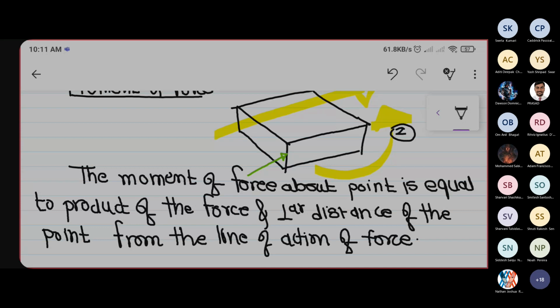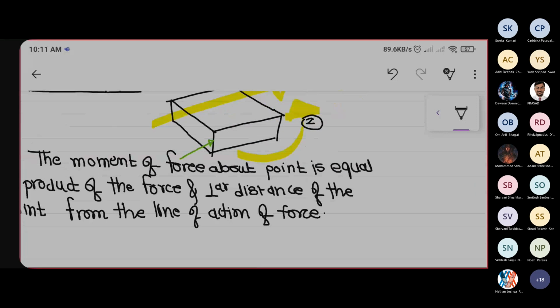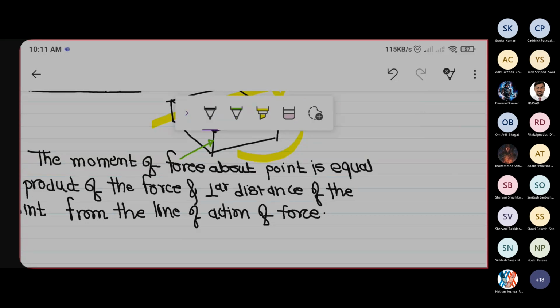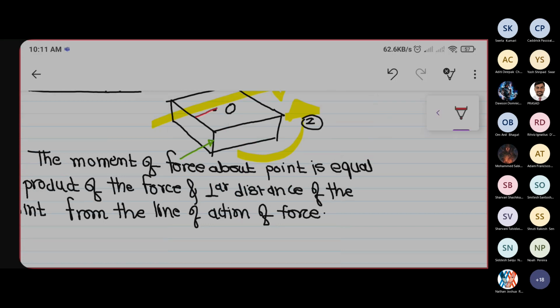So what is the moment of a force about a point? Like this force, I want to know about point O. This force is at a distance of x, or instead of x I will say d.